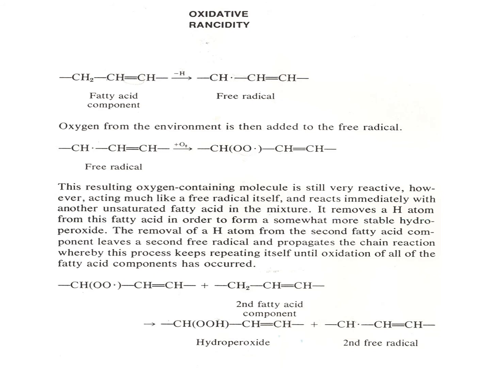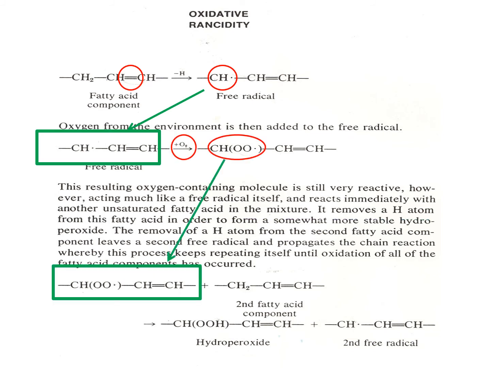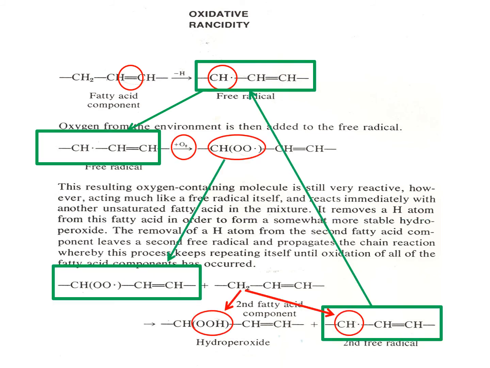Again, if you remember from our topic on chronic inflammation, I'm just going to go through this quickly because you've seen this before: you have an unsaturated fatty acid that loses a hydrogen, creating a free radical, which can combine with oxygen to make a peroxide, and then that fatty acid forms a hydroperoxide by stealing a hydrogen from another fatty acid.